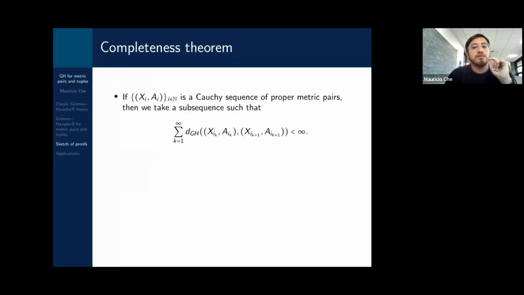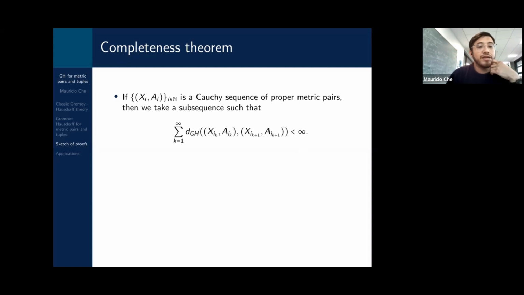Okay, now for the completeness theorem, we want to prove that any Cauchy sequence of metric pairs is convergent. So we start with a Cauchy sequence, and in that situation we can always find a subsequence that satisfies this condition, and this is just because of the definition of Cauchy.